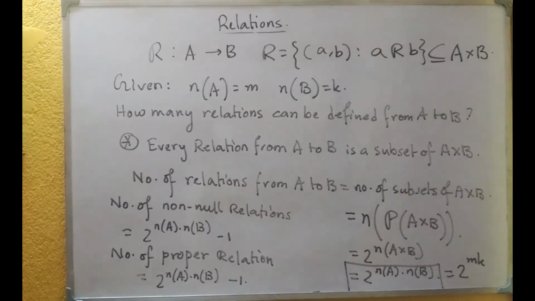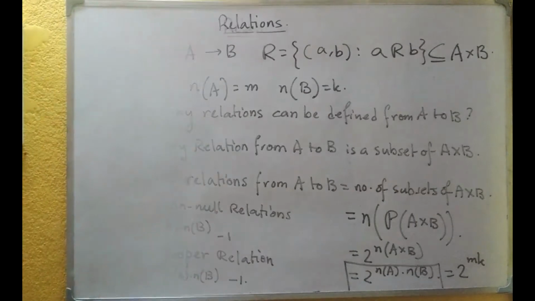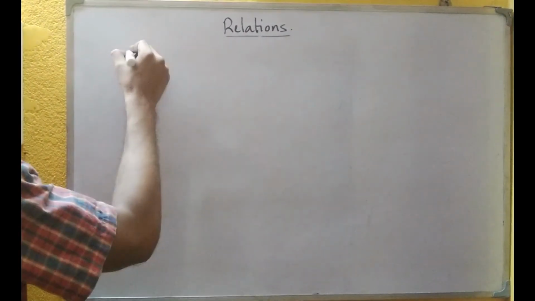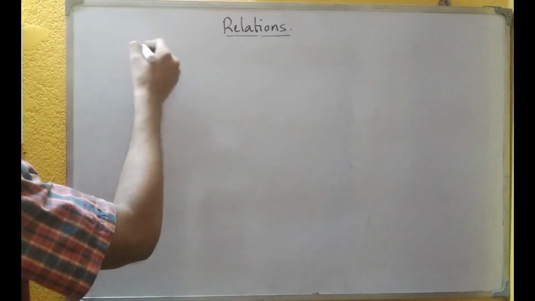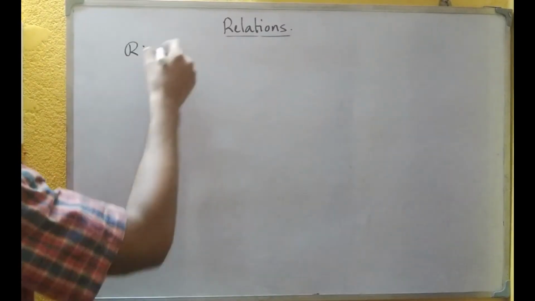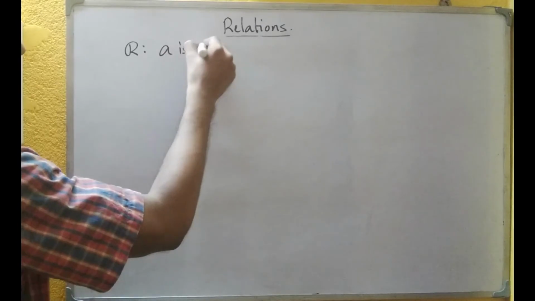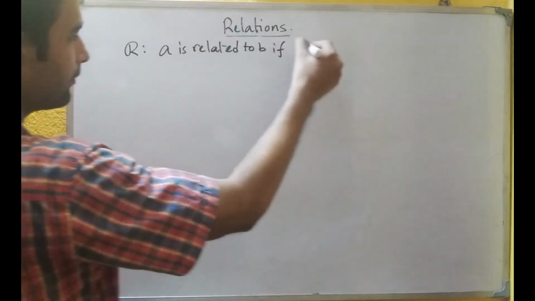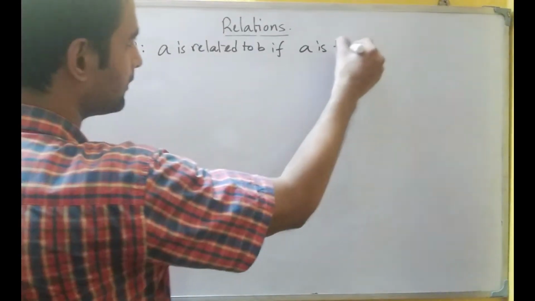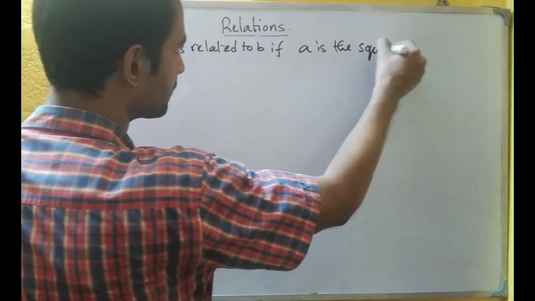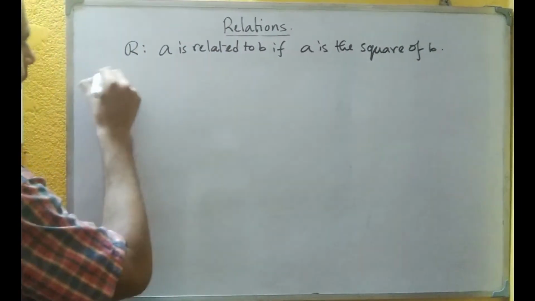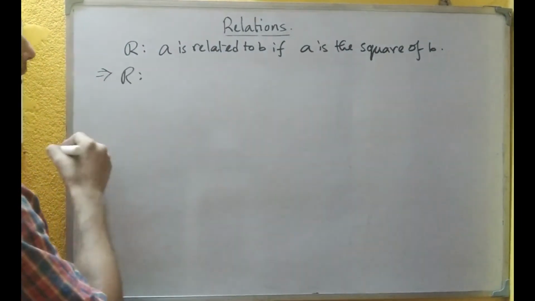Okay, so let us proceed to the next thing, that is some examples. So let us take another example. Say we are defining the relation R as A is related to B if A is the square of B. See how we can write it in a more simple way.